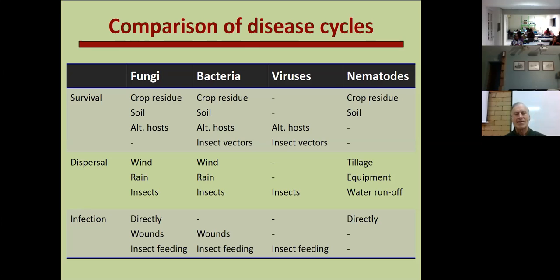Viruses are not as diverse as the bacteria and fungi. They can only survive inside an alternate host or inside an insect vector. And they're almost always dispersed by insects or some other animal.